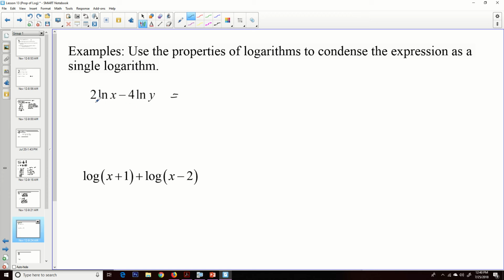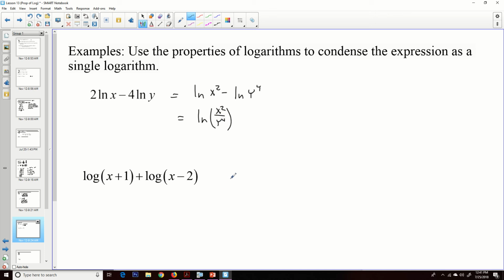So this one, the first thing I want to do is take those constant multiples and move them up to exponents. That'll give me the ln of x squared minus the ln of y to the 4th. And because we have a difference, a subtraction, we can combine that into a quotient of a single logarithm, ln of x squared over y to the 4th.